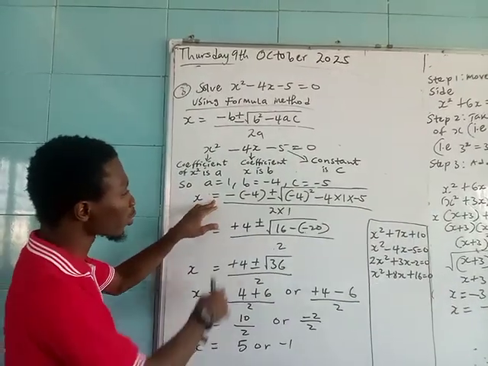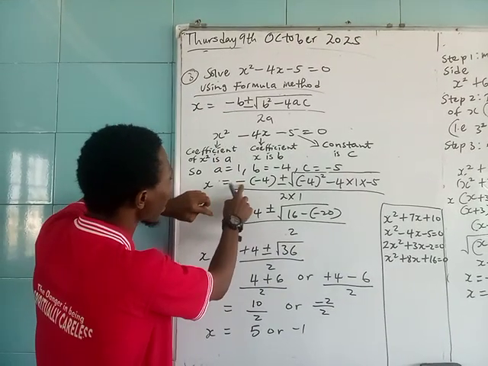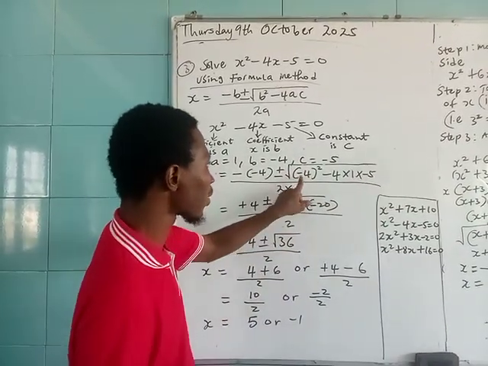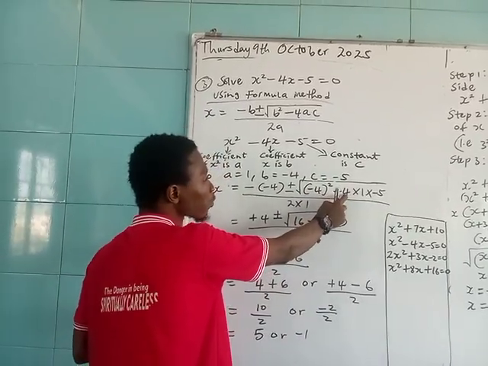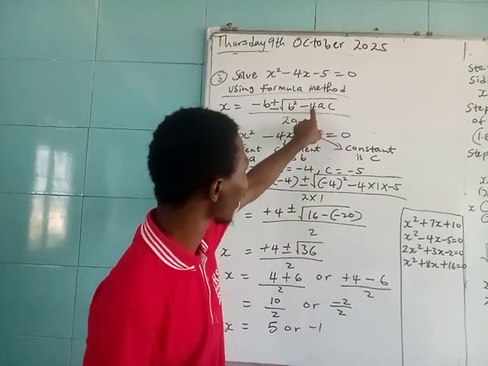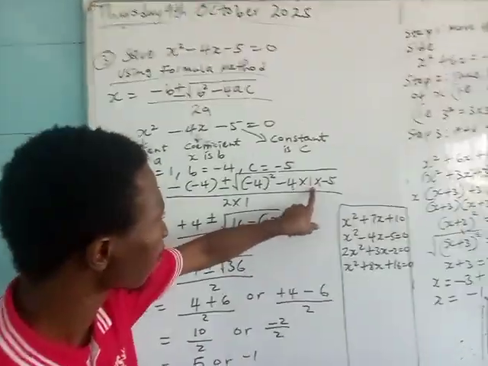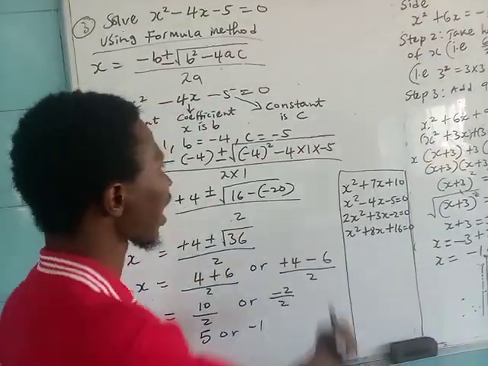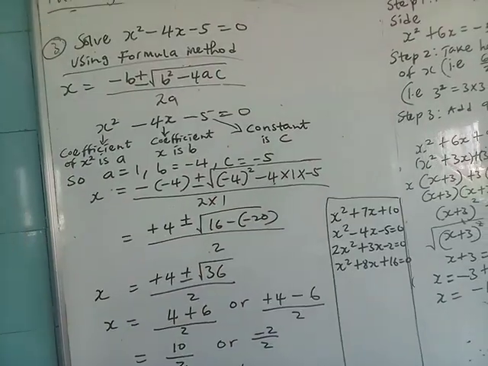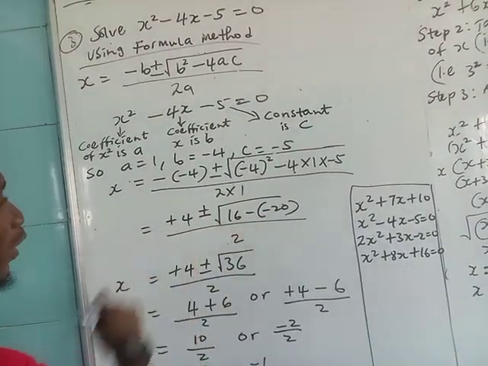So x is now equal to, now fix the values in the formula. There is a minus in this quadratic formula, so you have to take note of it. The minus, then you fix your minus 4 there, plus or minus the square root of minus 4 squared minus 4 times 1 times minus 5. So we are going to place all of them there. Minus 4, the a is 1, while the c is minus 5. Minus 4 times minus 4 will give plus 16.